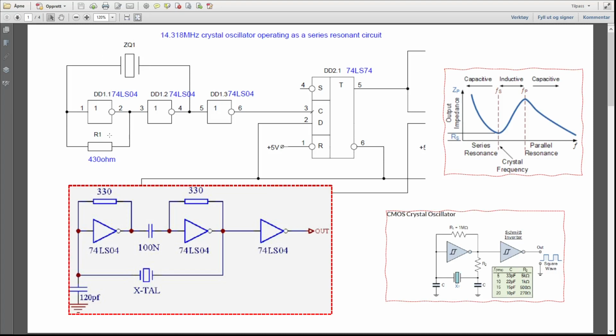And the feedback resistor that you have down here is also something you have to consider, as it's shorting this gate here.